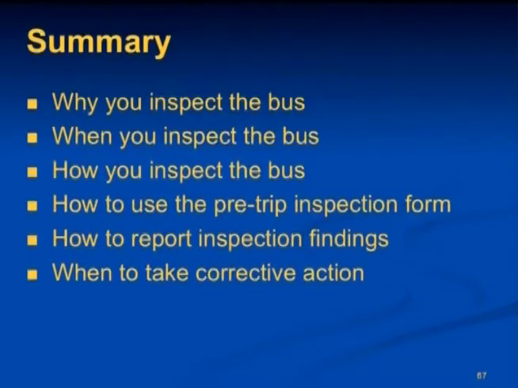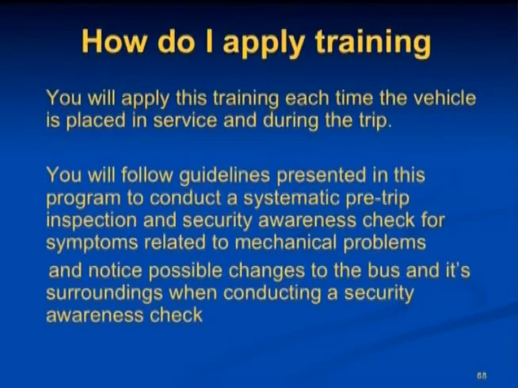Okay, let's summarize what we've learned in this Unit 7 on pre-trip inspection. We've talked about why you inspect the bus, when you inspect the bus, how you inspect the bus, how to use the pre-trip inspection form, how to report and document findings on that form, and when you need to take corrective action. How do you apply the training? You will apply this training each time the vehicle is placed in service and during the trip.